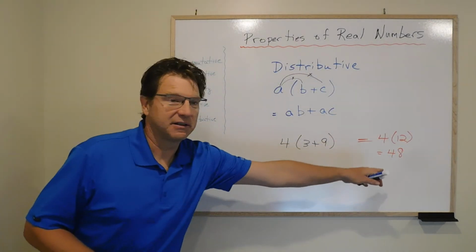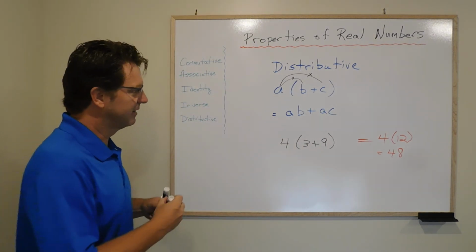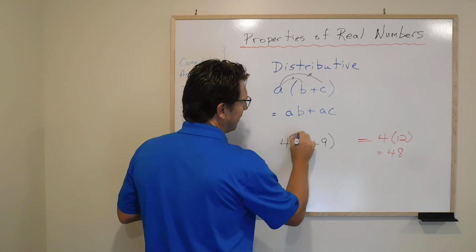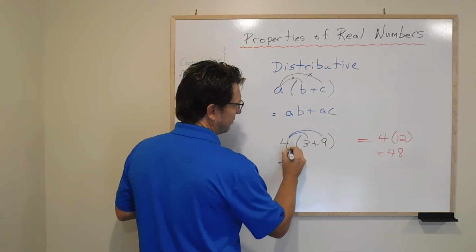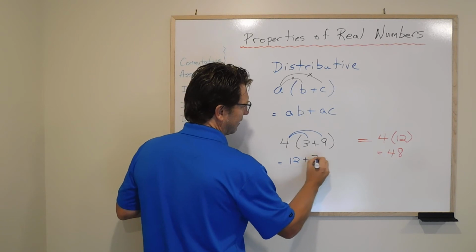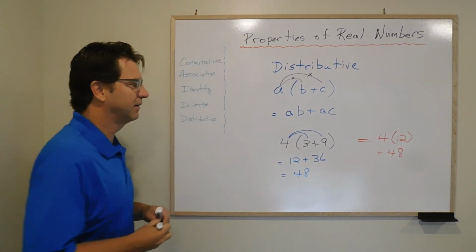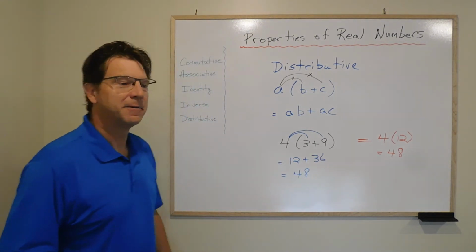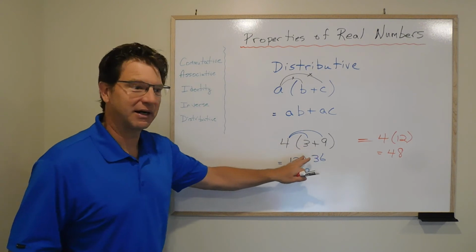And that's correct. The distributive property is suggesting that you do this. That you take 4 times 3, and then 4 times 9. 4 times 3 is 12. 4 times 9 is 36. And you get 48. Right? Which is exactly the same. And you'd say, well, why would I ever do that? Because I'm supposed to do the brackets first.